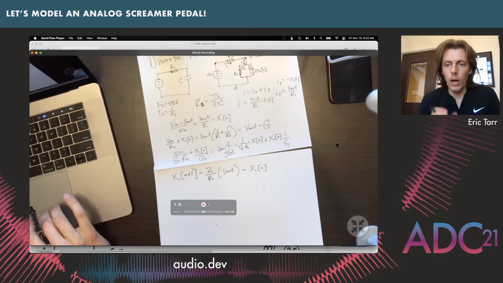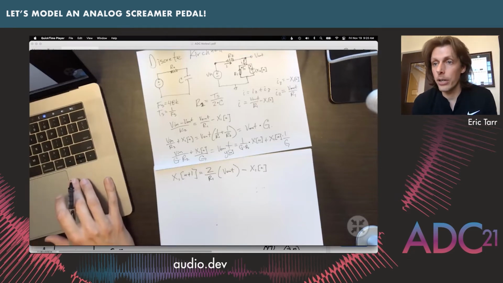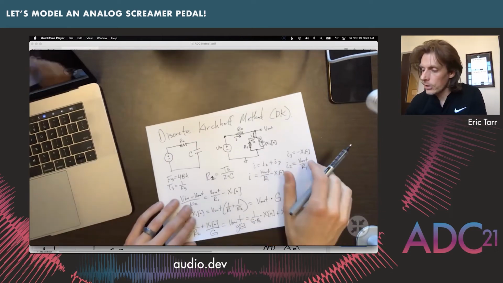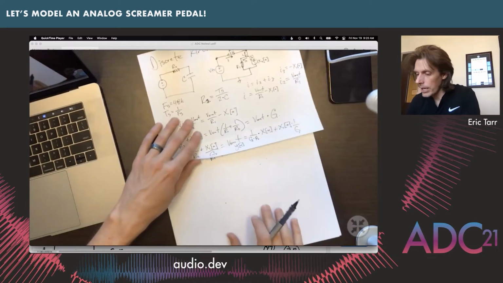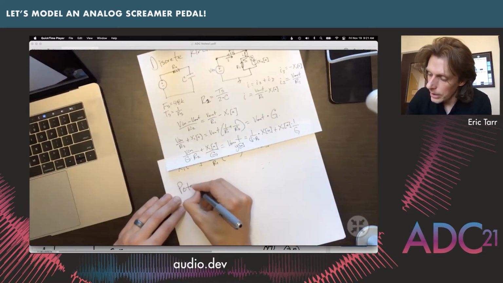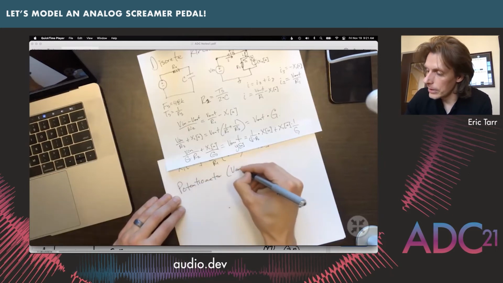So there's one more concept that I need to introduce before we jump into the tube screamer circuit, and that's the idea of a potentiometer. So let me just write it on here rather than go back through some of my notes. A potentiometer is a variable resistor.